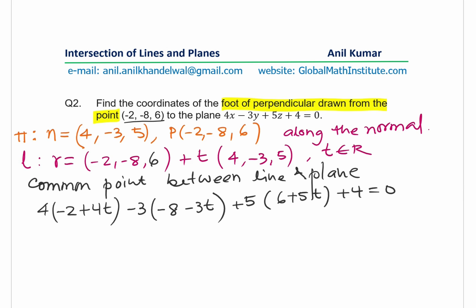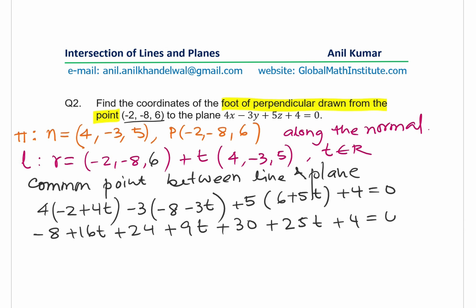Once we get t, we know what the point is. Perfect. Okay, so let's open the bracket. So we have minus 8 plus 16t plus 24, minus and minus is plus 9t plus 30, 6 times 5, and 5 times 5, 25t, plus 4 equals 0.